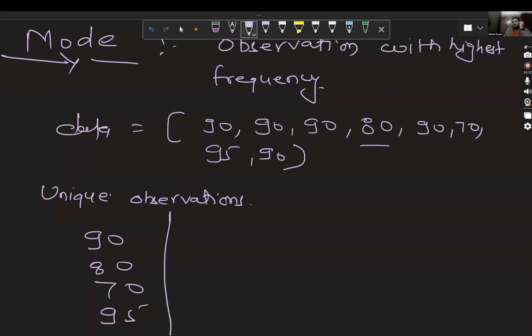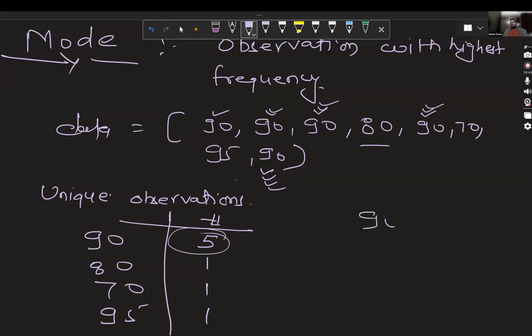Now I'm going to count how many times each one comes. 90 comes 1, 2, 3, 4, 5 times. 80 comes 1 time. 70 also comes 1 time. 95 also comes 1 time. So what is the observation with the highest frequency? It is 90. So 90 will become your mode.